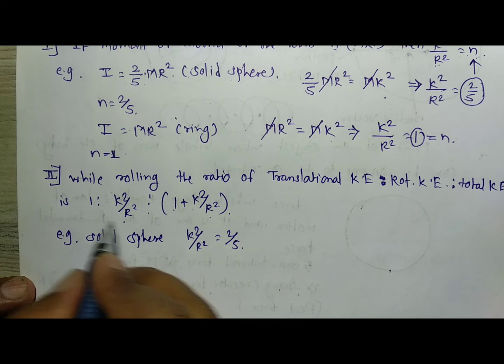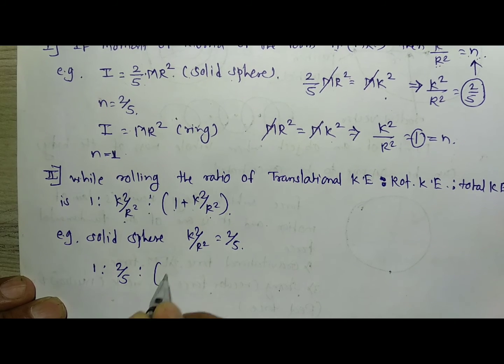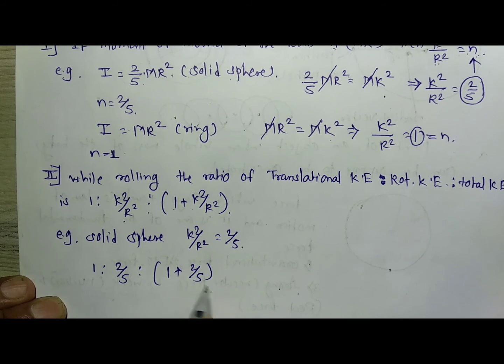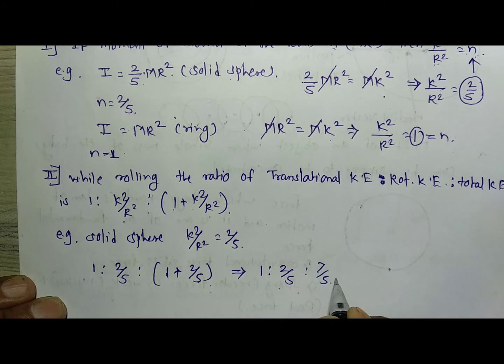Now putting this value inside, you will get 1 : 2 divided by 5 : 1 plus 2 divided by 5. 5 into 1, 5 plus 2, 7 divided by 5, and therefore it implies 1 : 2 divided by 5 : 7 divided by 5.